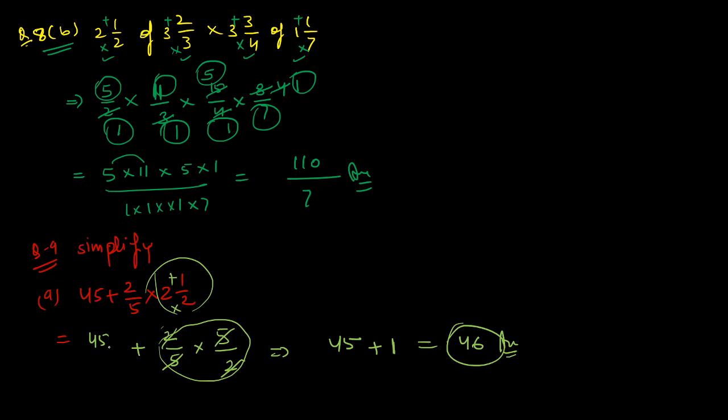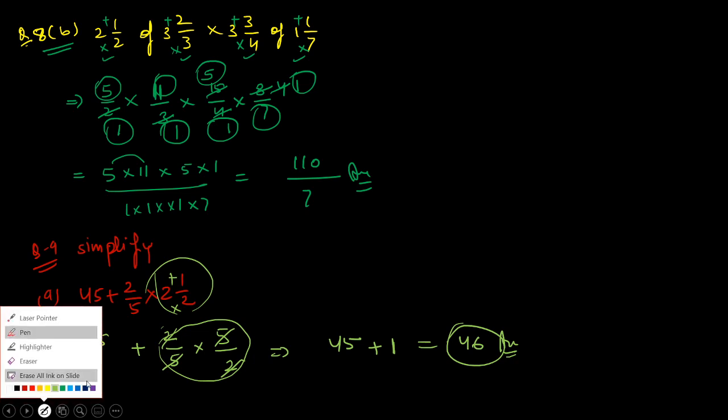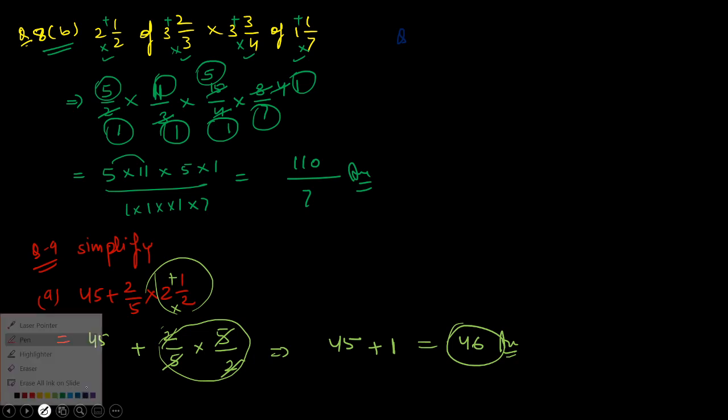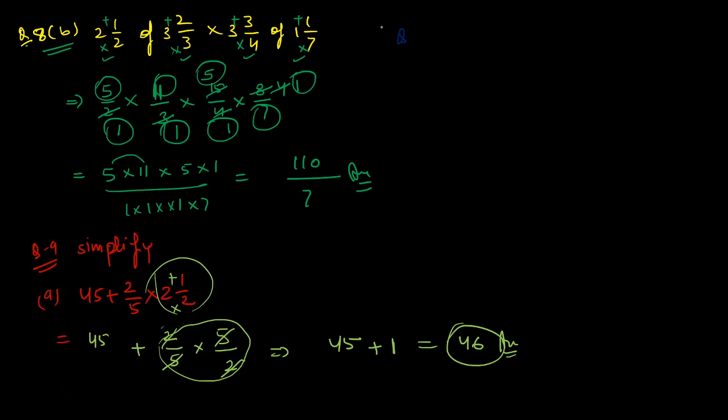Now question 10, let me solve question 10 now. Question 10 says Mrs. Bhatra has a plot of land and she plants vegetables on 2 upon 3 of the land. 6 upon 7 of the vegetables planted are green vegetables.